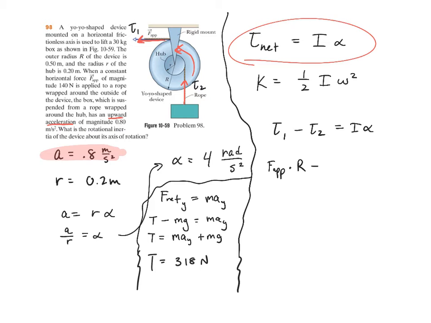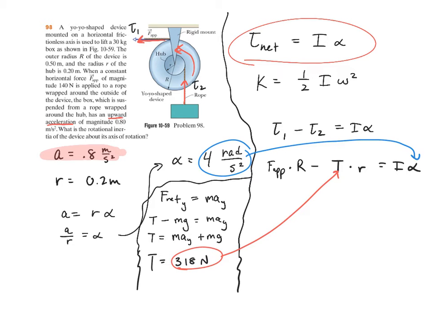So why did we find that tension again? We found that tension force simply to plug it in up here because we know that this is going to be the tension in the rope times the little radius. And again, that equals I alpha. So this value right here that we determined is going to be applied right over there.